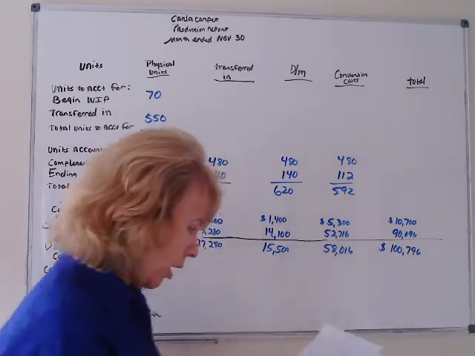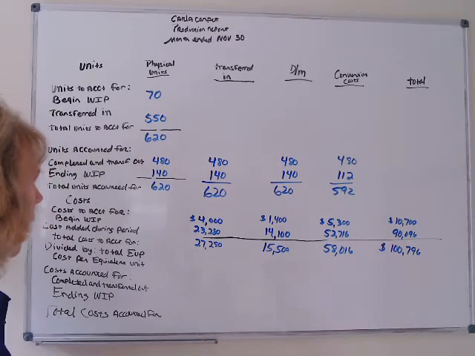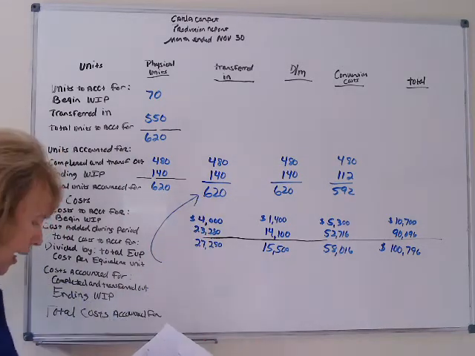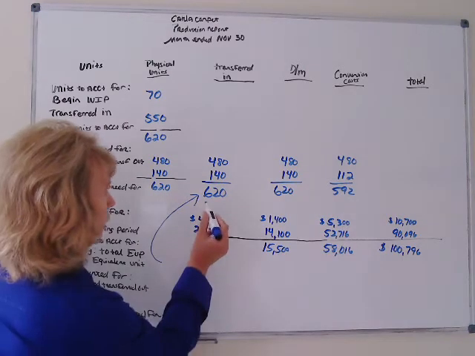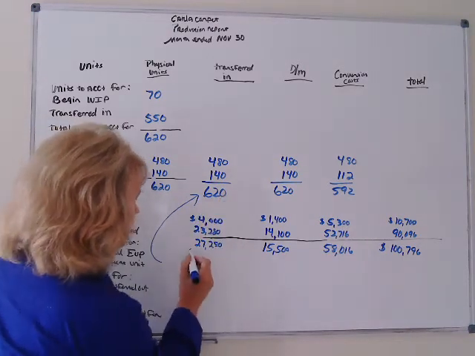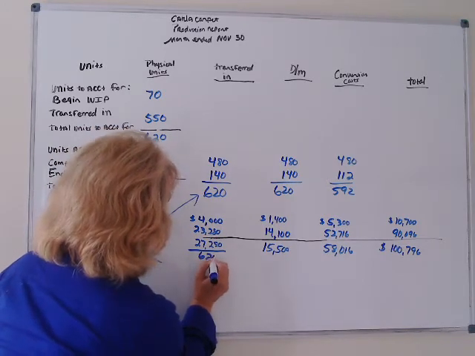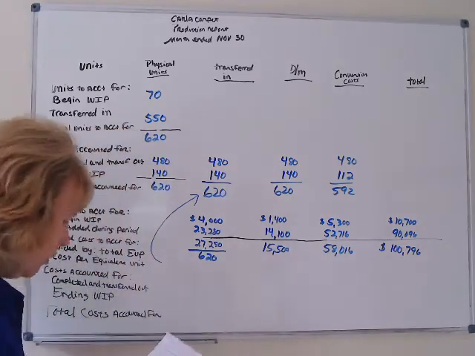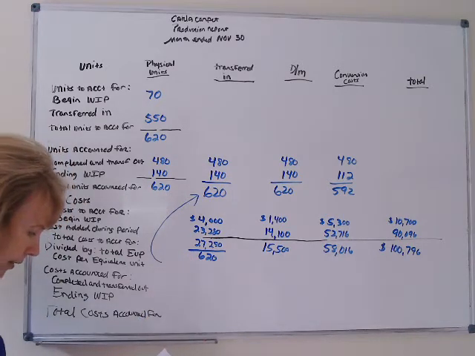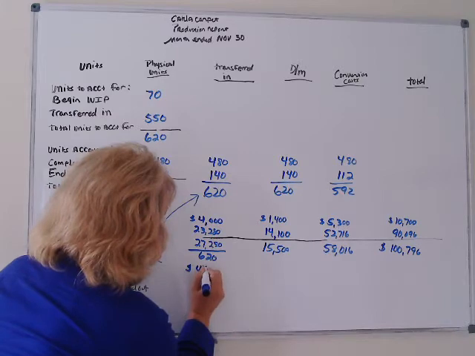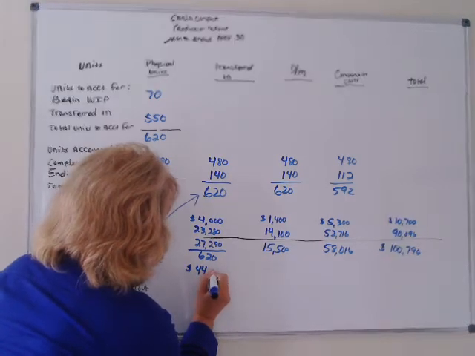Now I'm going to go back up here and find my equivalent units. Remember, this is not a dollar figure. I draw my fraction bar, 620. I divide that out, 27,280 divided by 620, and that gives me, this is a dollar figure, $44.